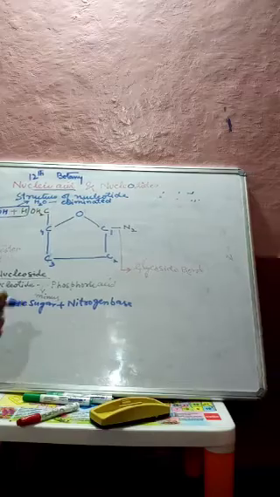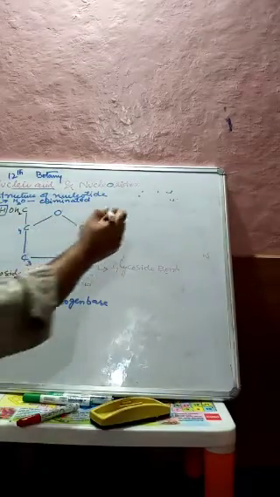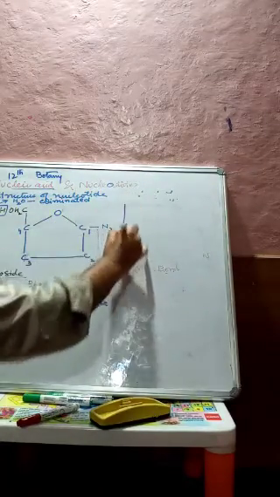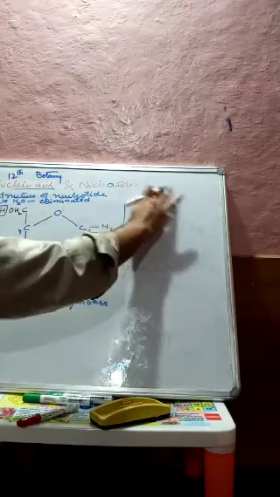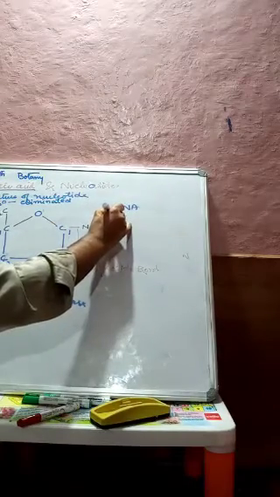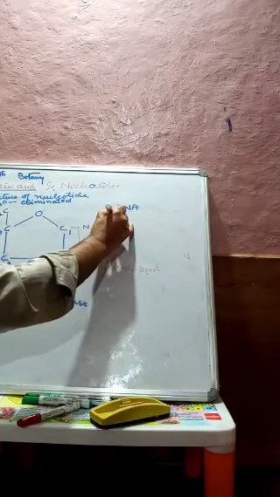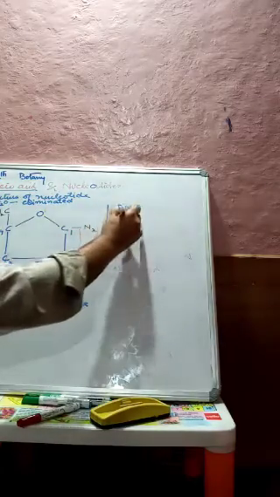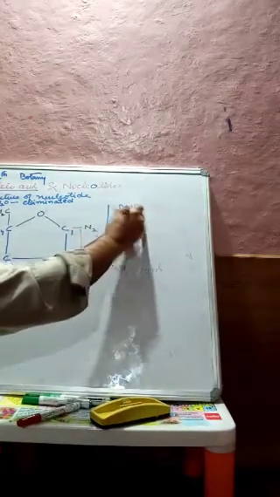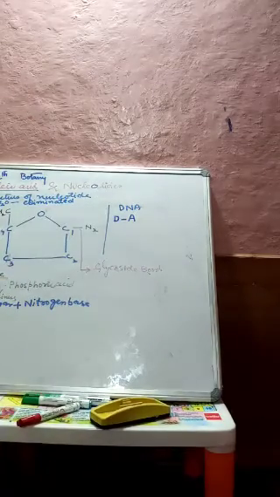For example, we will take this example of DNA. Now what is this? In DNA we see it is deoxyribose plus the base, that is the adenine base.